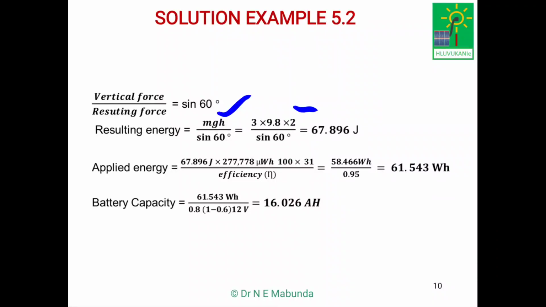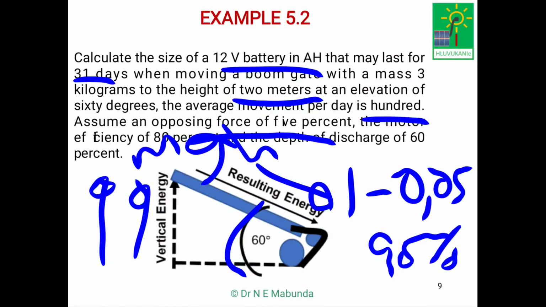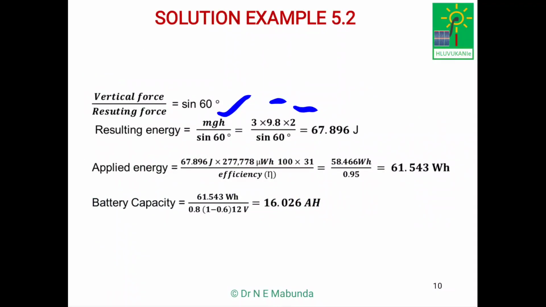There's 2 meter, there's 9.8 constant, and there is another figure, 3. What was 3 again? Let's check there. Okay, we have got a mass of 3 kilogram.